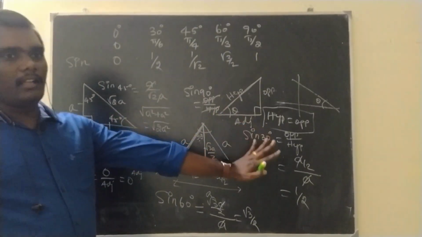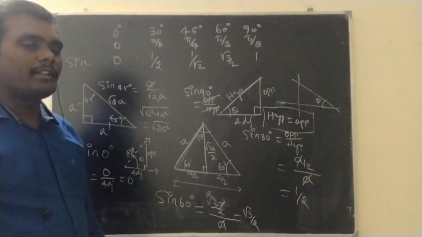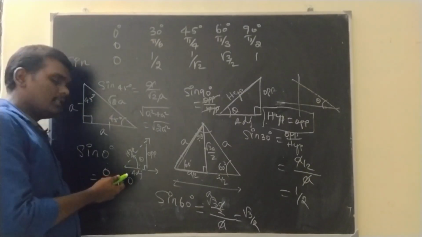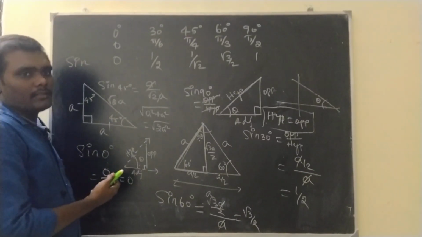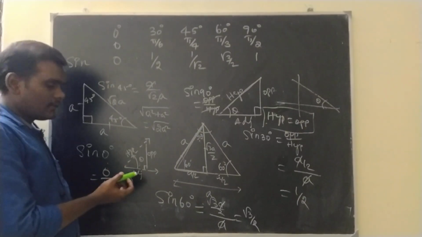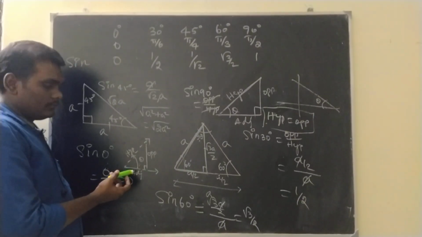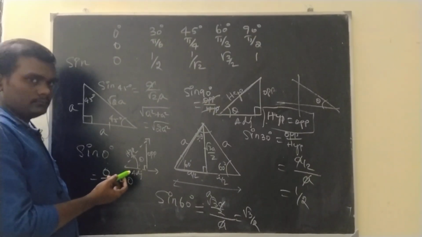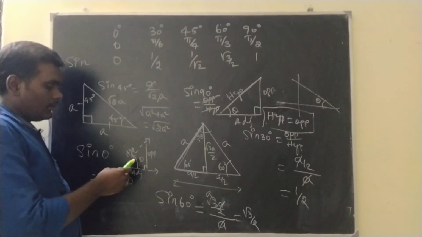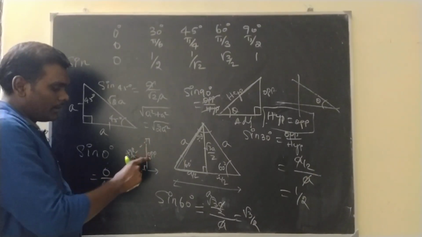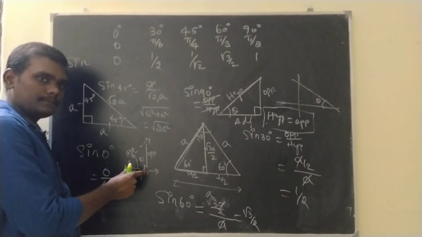Using the same triangle, same thing, we can calculate for cos as well. Now come back here. Instead of sine 0, we will calculate cos 0. How do you calculate cos 0? You see, when theta becomes 0, our hypotenuse will be equal to the adjacent side.